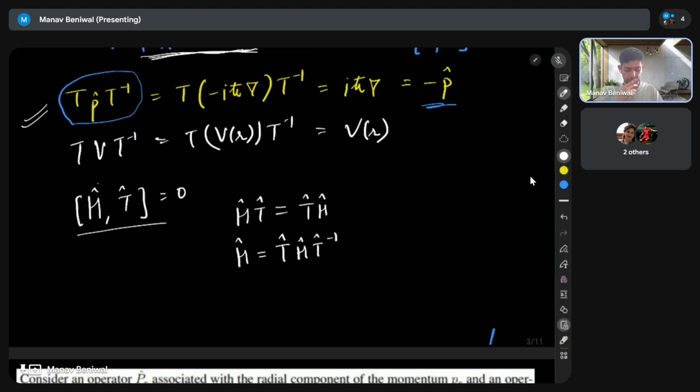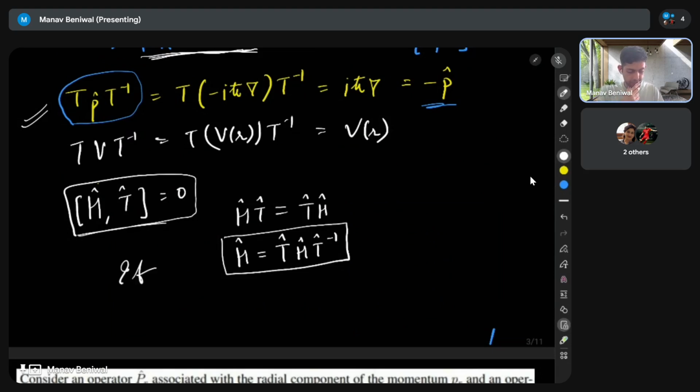So proving this is essentially the same as proving this, right? If this statement is true, that will automatically mean that this statement is true.